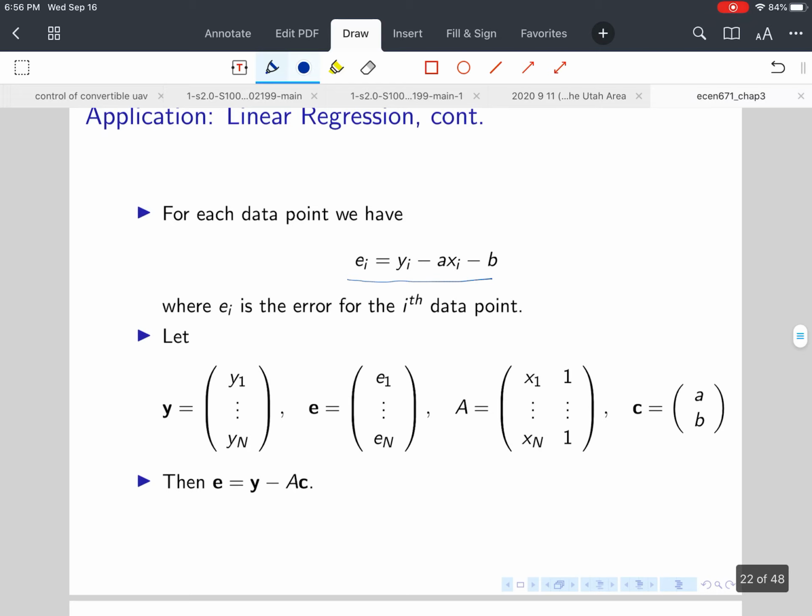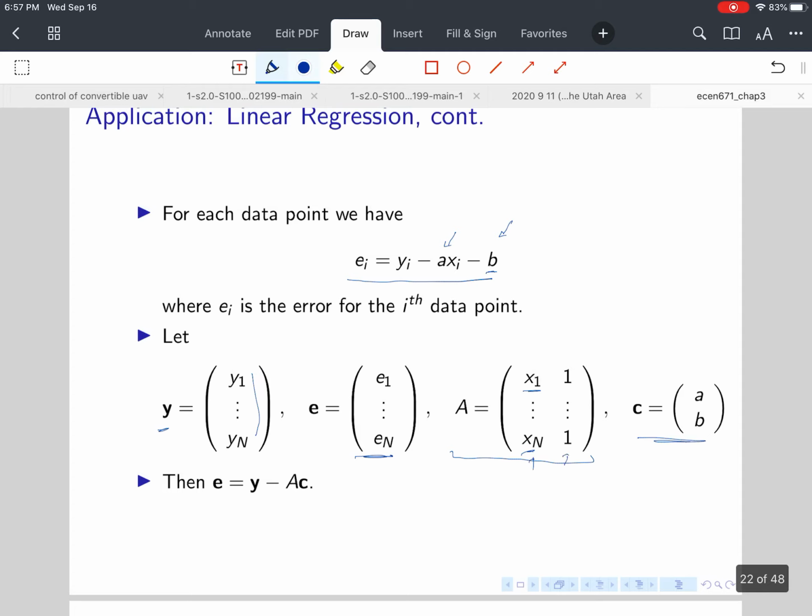And now the error, so if we let y be a column vector of all of our y's, and we let e be the column vector with all of your errors, and then you let c be the two things we're trying to find, a and b, where a is always multiplied by your x's, and b is always multiplied by 1.